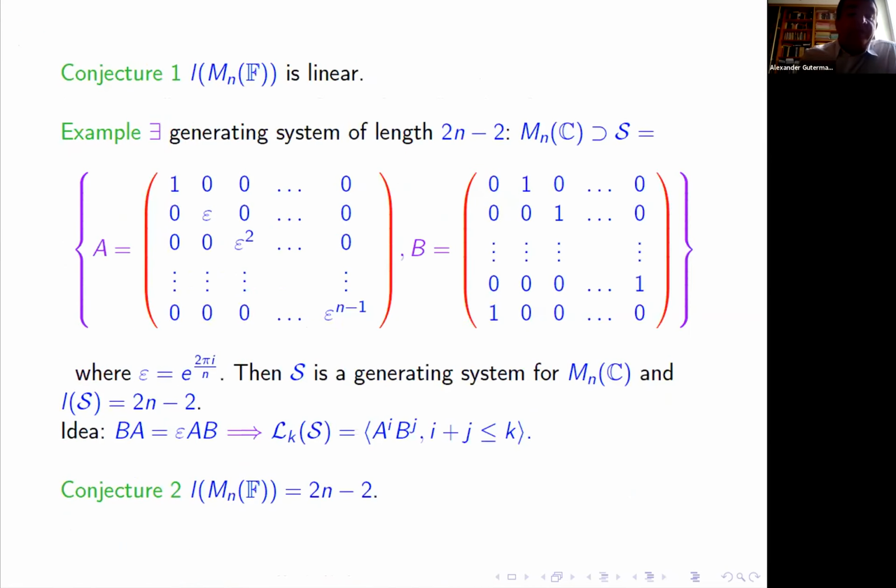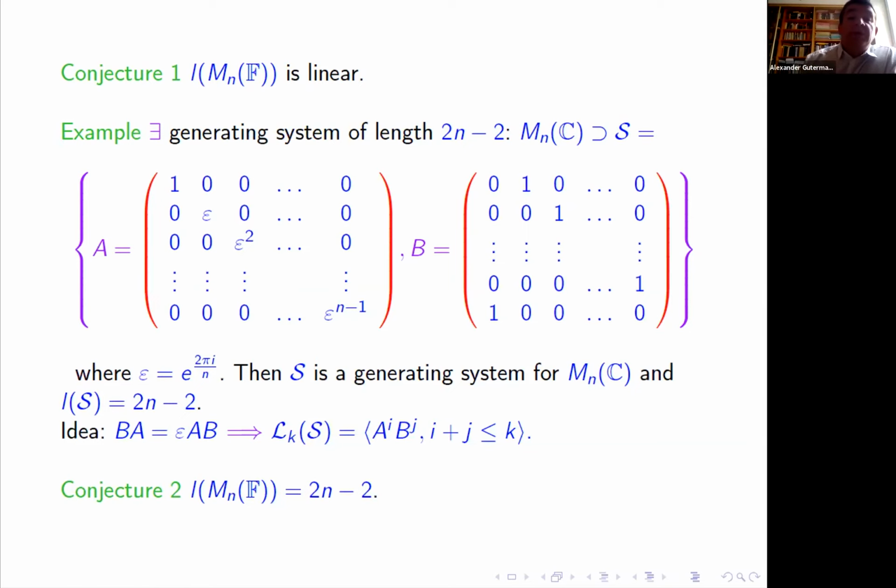Well, and we still have an easy lower bound because of this couple of matrices. For this system, we have simply n minus 2 as the value of length. Well, these are nothing but direct computations with understanding that these two matrices are Q-commuting.